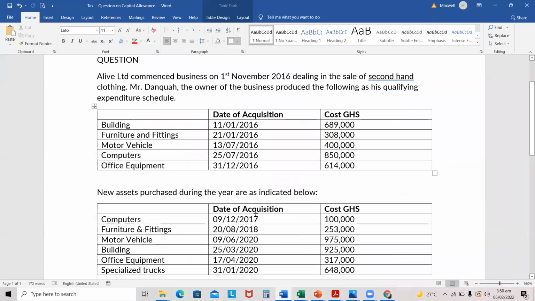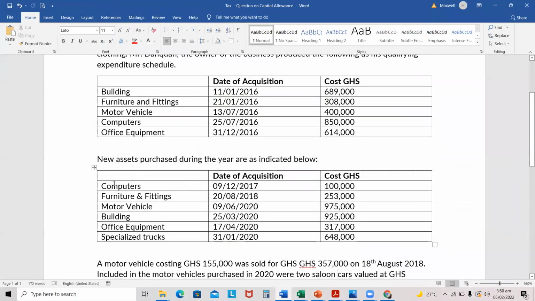If we look at the question, in 2017 they bought only computers. The rest are 2018 and 2020.